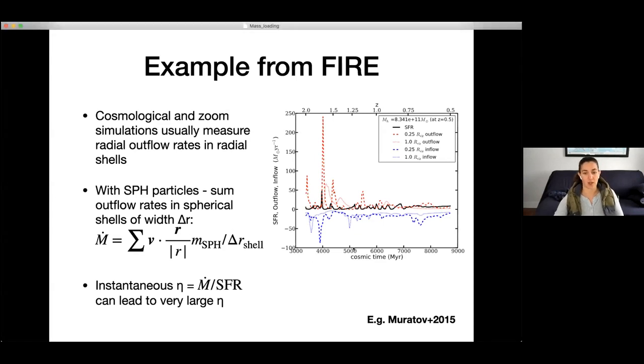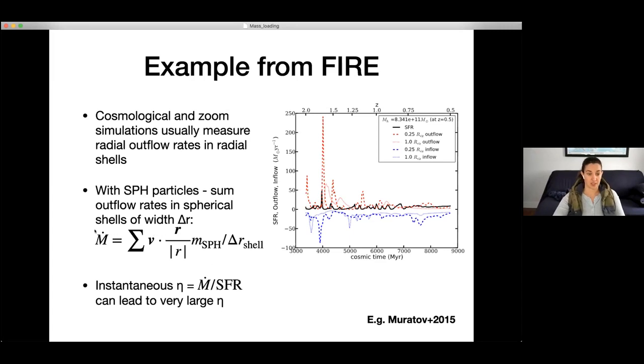This was from a paper in 2015, just showing how, for example, a Zoom simulation might measure the mass loading factor. I would say, on average, cosmological and Zoom simulations are usually measuring radial outflow rates in radial shells. So in this case, say you have SPH particles. This is again pretty straightforward. You're just going to sum the outflow rate in the spherical shell.